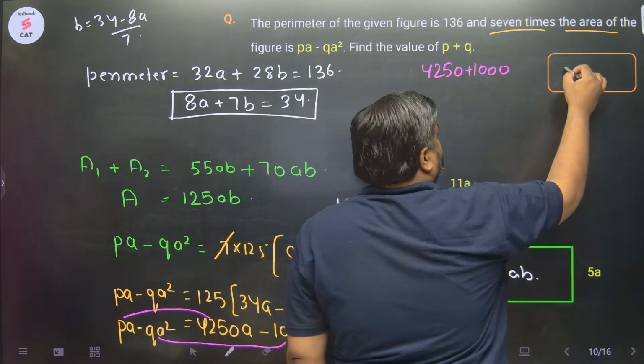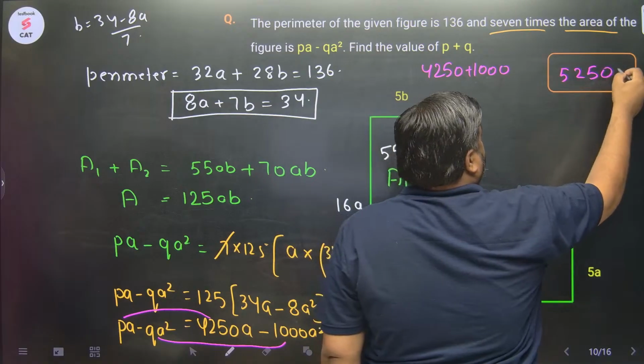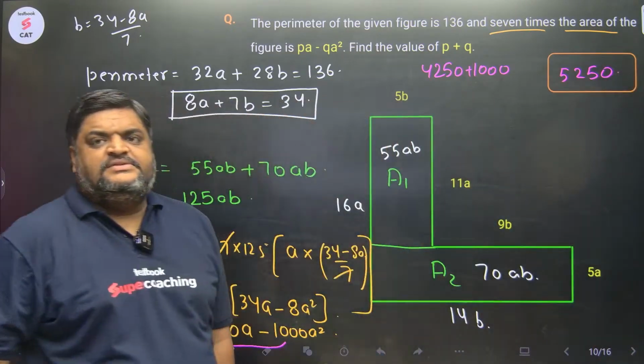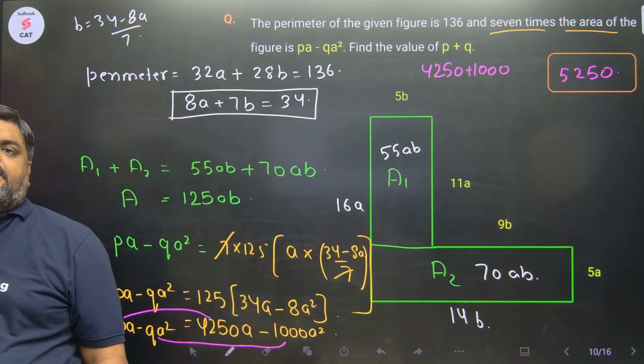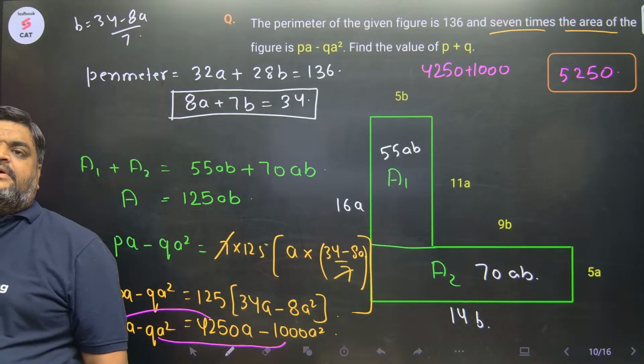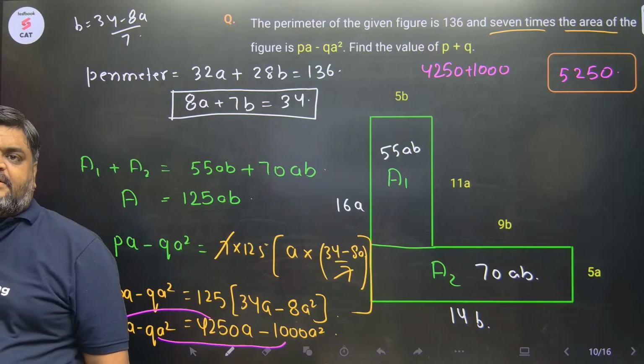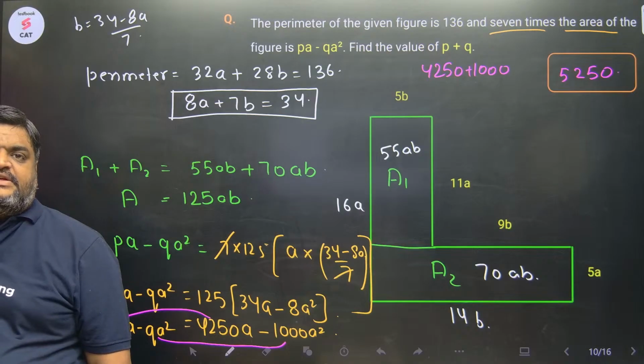So the correct answer is 5250. As simple as it is. Rudra, that's the perimeter.